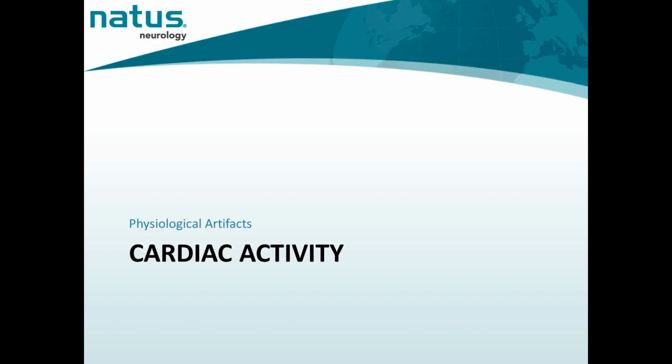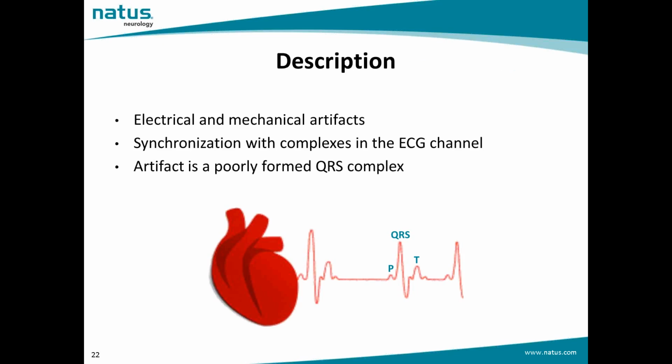Let's talk now about the cardiac activity and the artifacts generated by this activity. The heart produces 2 types of EEG artifacts, and they are due mainly to electrical and mechanical activities. Both types are tightly locked to cardiac contractions and most easily identified by their co-occurrence with complexes in the electrocardiogram channel.